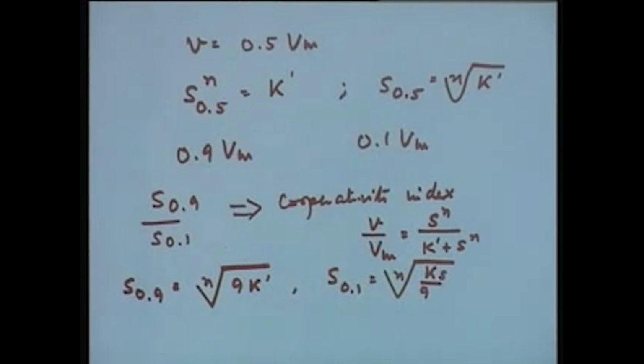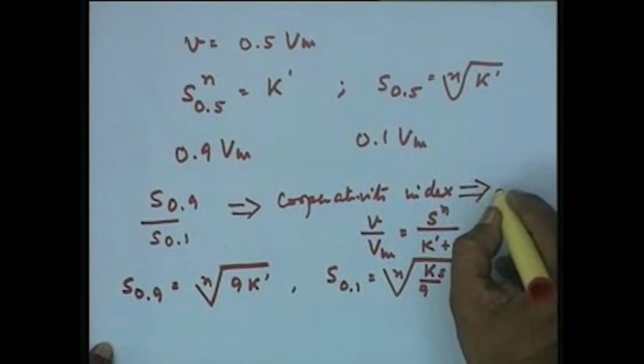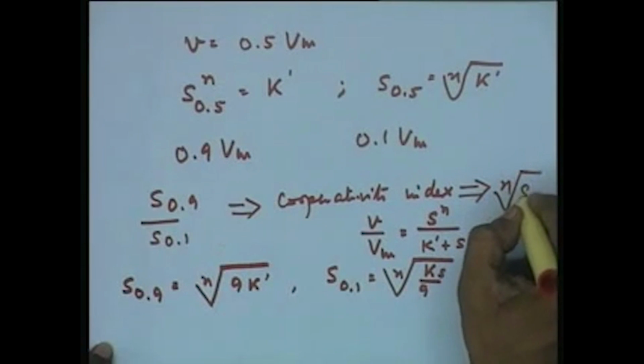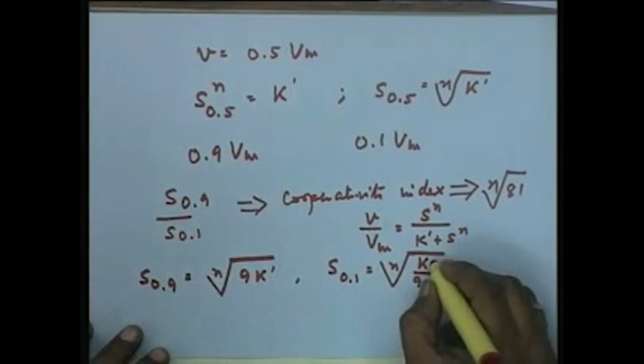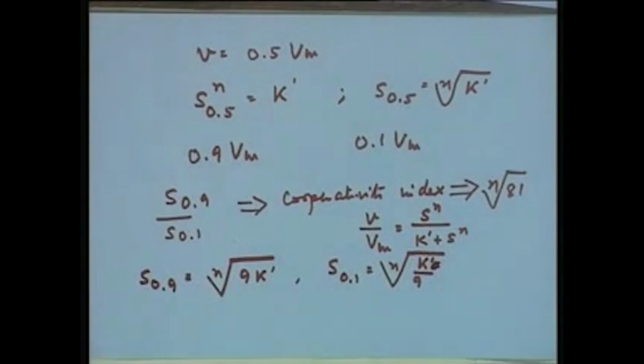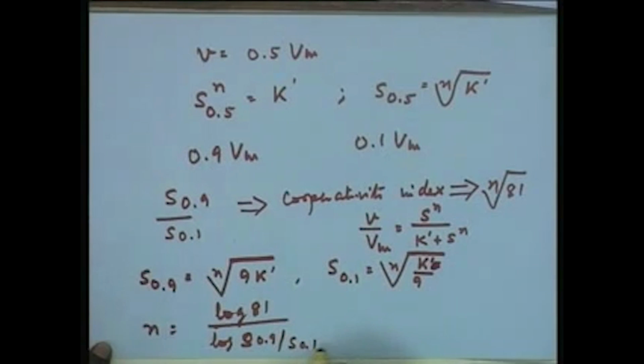The ratio, the cooperativity index, will therefore be the nth root of 81. In other words, n will be equal to log 81 upon log of S0.9 upon S0.1.